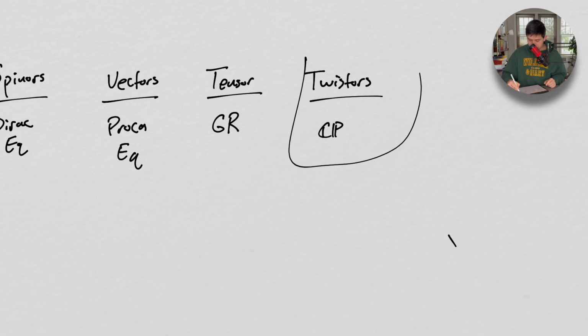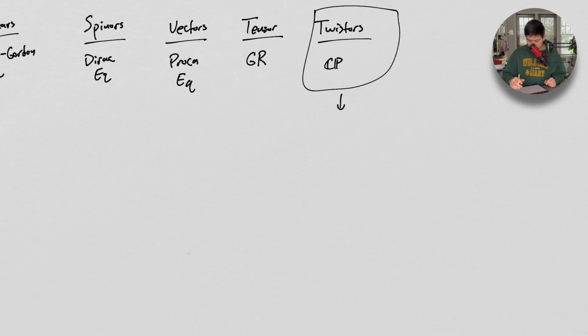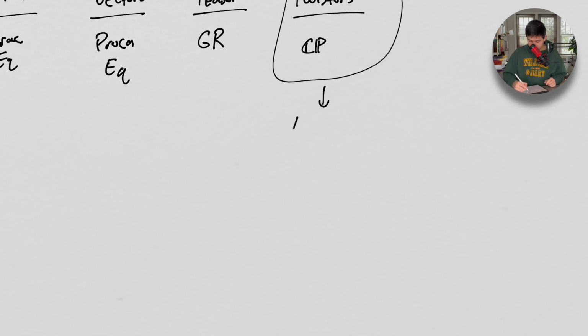So there is such a thing as twistor fields. This was developed by Roger Penrose back in the 1960s. But this is probably going to be a separate playlist, which I'm probably going to start soon because I've started working on slides for these.